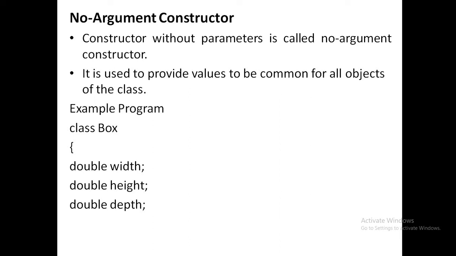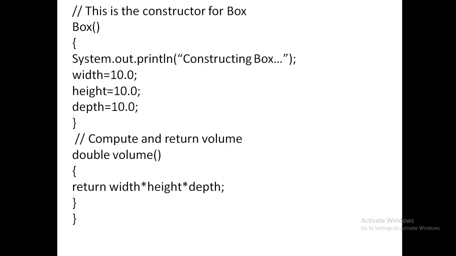In this example program, Box is the class that is created, and it has three variables, width, height and depth, which are of data type double. And a constructor without any arguments is created for the class Box.